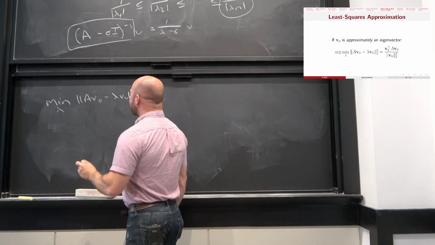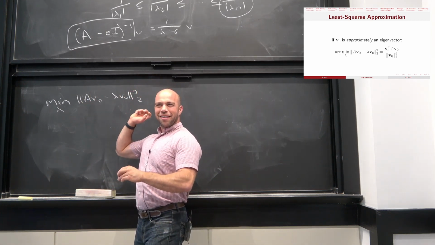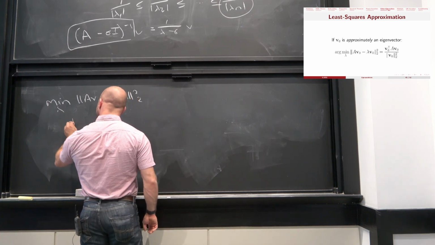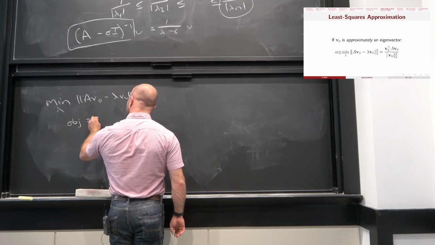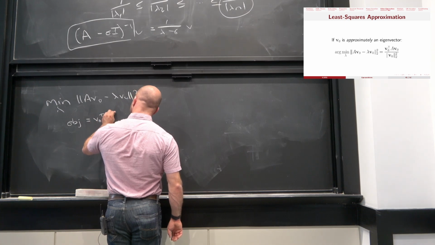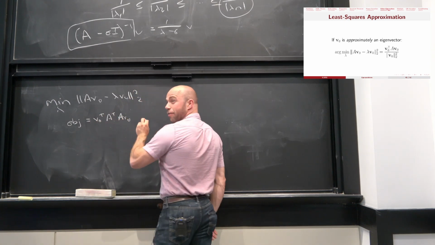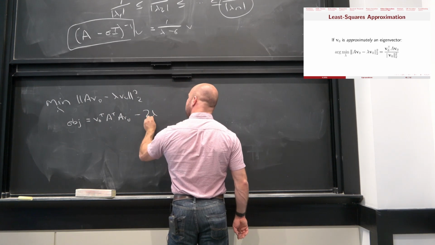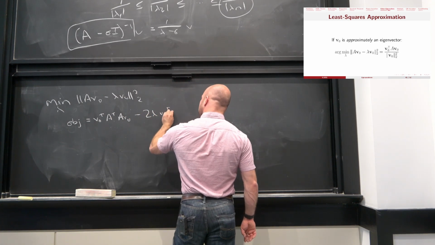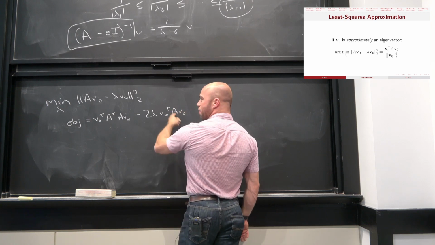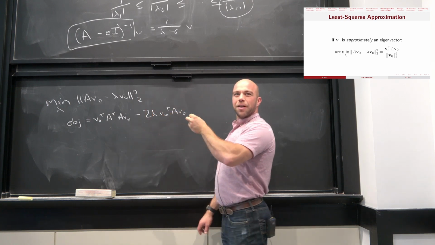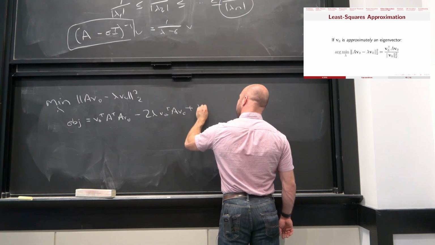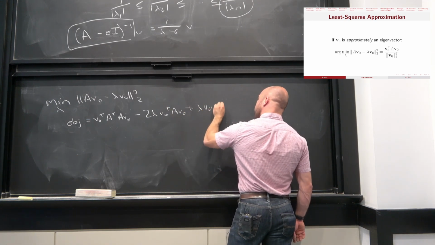So what are we going to do? Our objective is squared, so we might as well expand it, because that's what we always do. Our objective is equal to V naught transpose A squared V naught. Are you tired of doing this calculation yet? Because I feel like we do it every lecture. Minus 2 lambda V naught transpose A V naught, assuming A is symmetric, which we'll do for now, plus lambda squared times the norm of V naught squared.